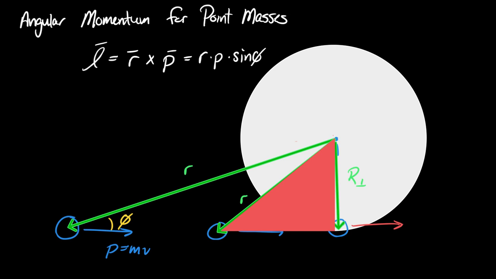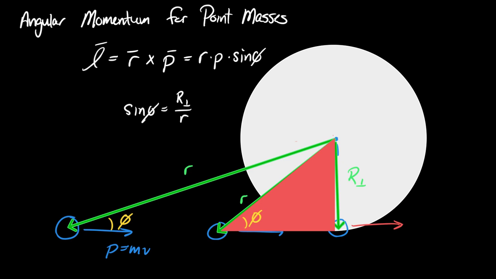You see that right triangle there? Let's do the math on that right triangle real quick. This is our angle. Wouldn't sine of that angle equal R perpendicular over R? Sine is opposite over hypotenuse.